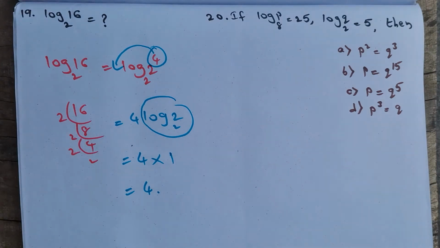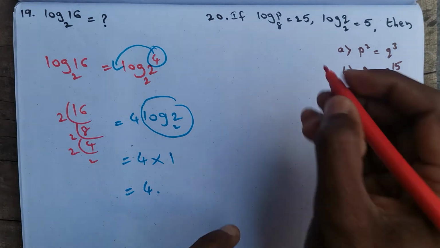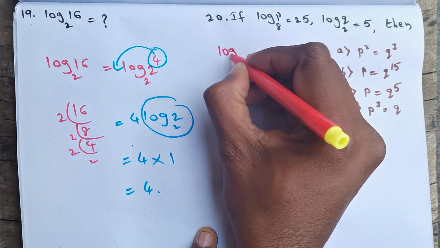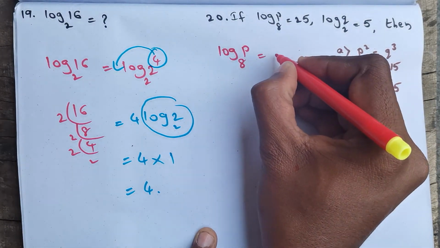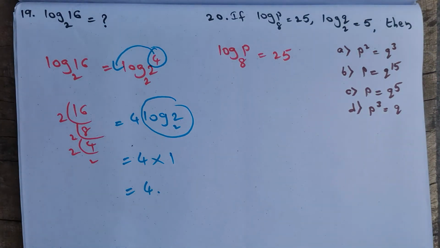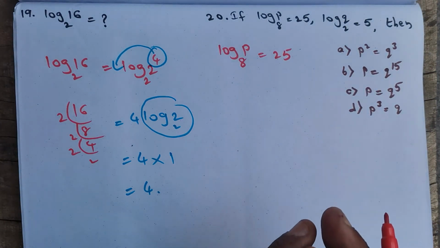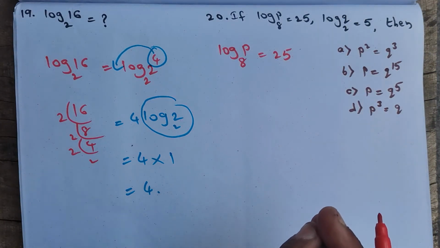Next question. Log p base 8 is equal to 25 and log q base 2 is equal to 5. Then which one is the correct option? First, log p base 8 is equal to 25. This given one is in logarithmic form. We need to convert that logarithmic form to exponential form.